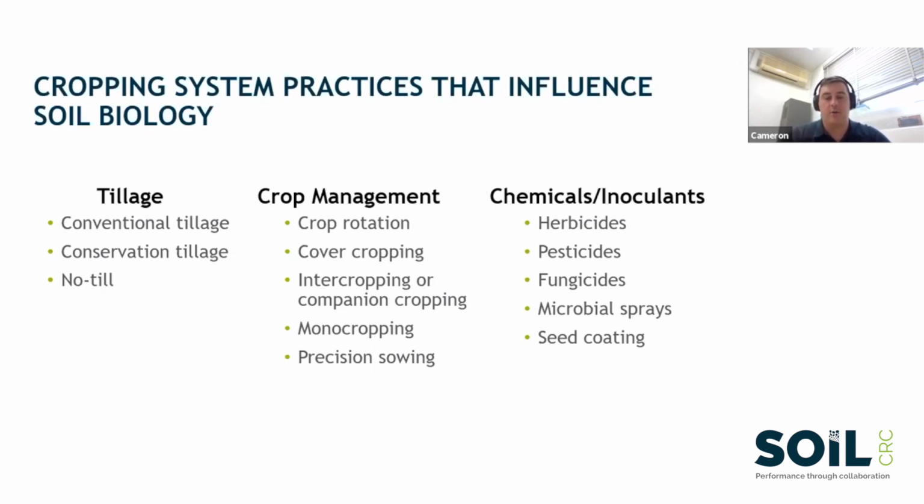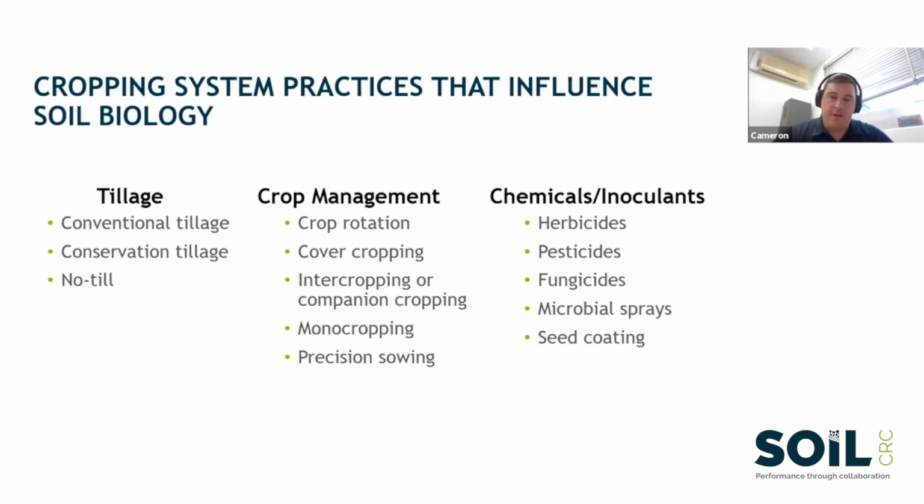I know CSIRO and DPI are both looking at not only row spacings, but how far apart the plants need to be, and it's obviously different for different crop species. That's a huge leap forward in understanding that if crops are sown too close together, then those microbes are feeding off the same plant.